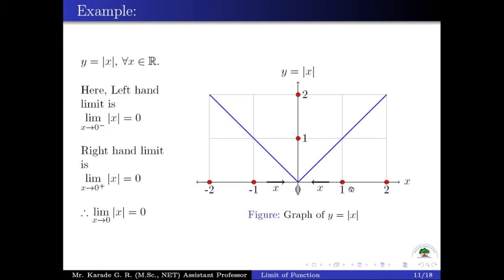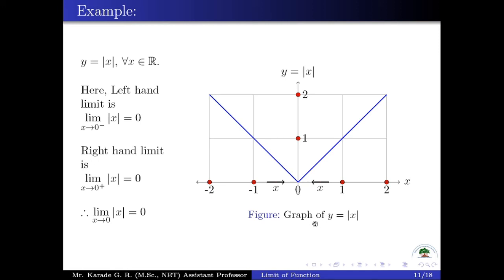Now see the example. Consider the function y equal to modulus of x for all x belonging to R, and we know the graph of the mod function. Now we are well aware of the graph of this mod function.